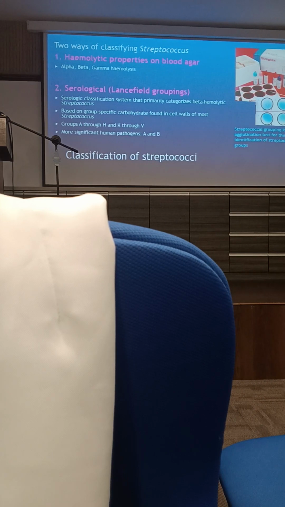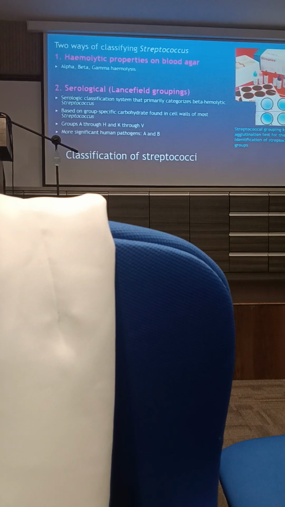When you are given a blood agar plate, you must make sure to check if the bacteria is causing hemolysis. Blood agar contains blood, not human blood of course. It's commercially prepared with horse blood or sheep blood.